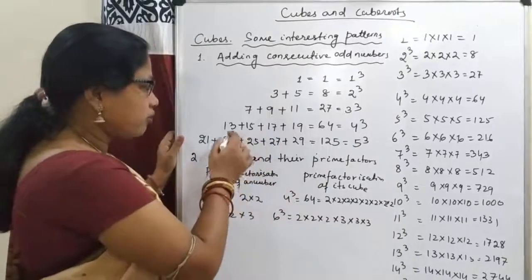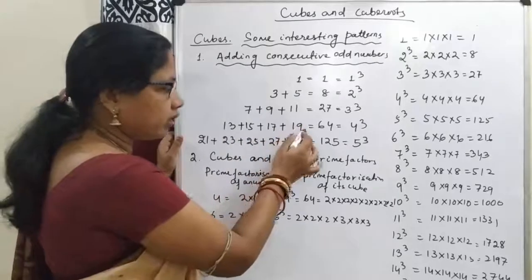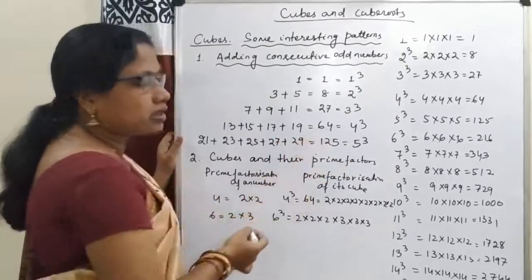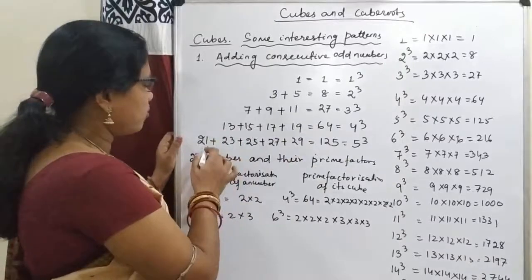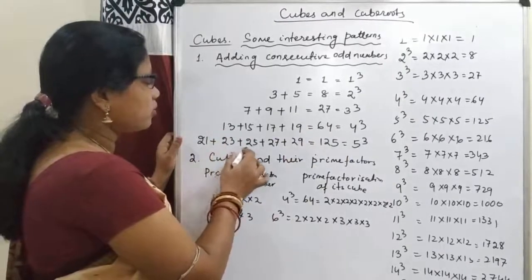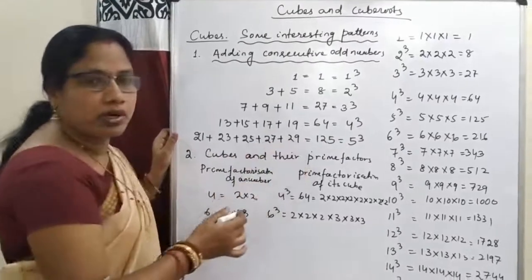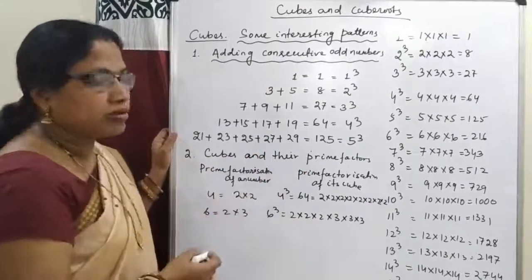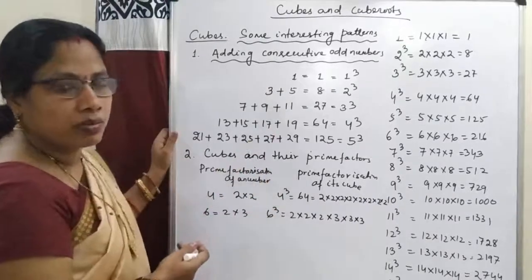Then the next 4 odd numbers, 13 plus 15 plus 17 plus 19 is equal to 64, that is 4 cube. And the next 5 odd numbers, 21 plus 23 plus 25 plus 27 plus 29 is equal to 125, that is 5 cube. In this way we can find the cube of numbers.